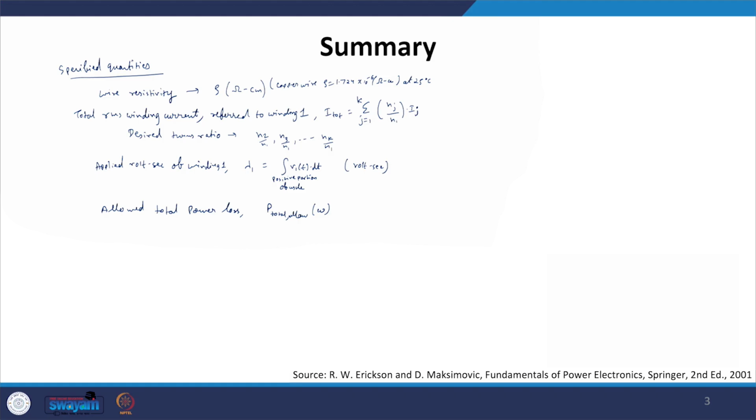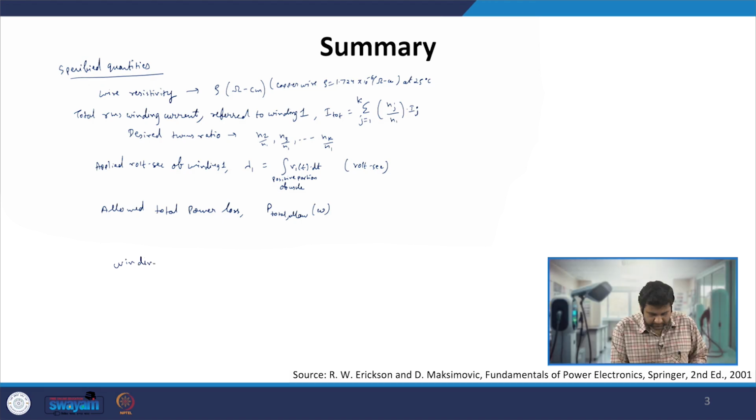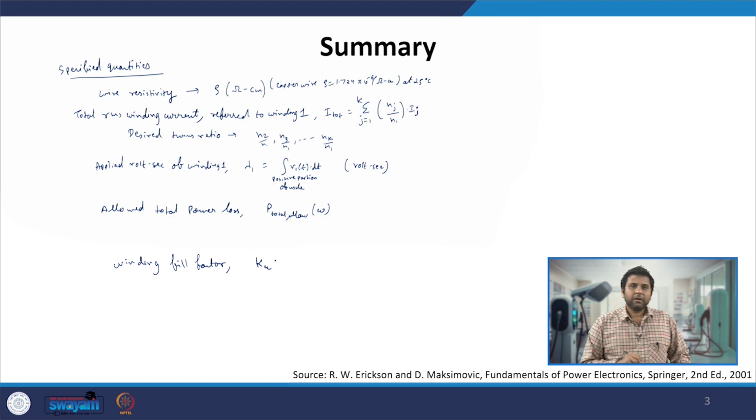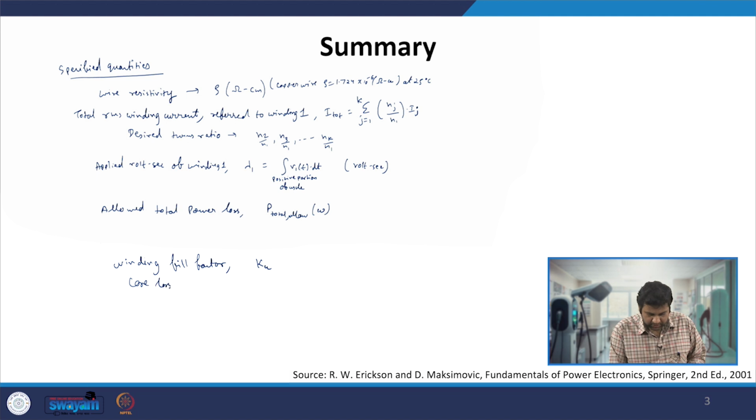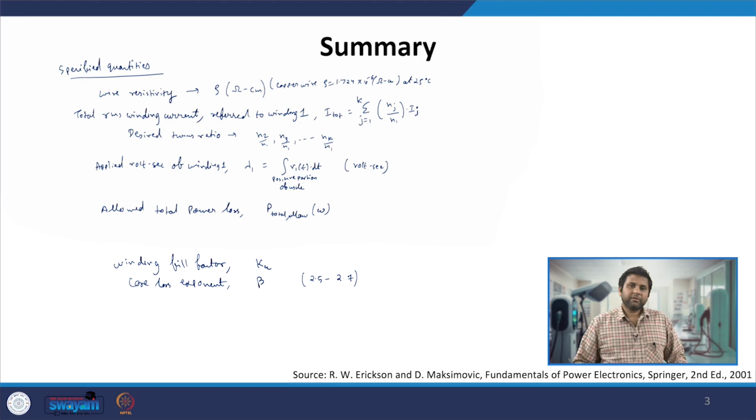Then there is another term, the specified value winding fill factor, which is the constant Ku, a small k, and this depends upon what kind of winding you are doing; depending upon the specification you can find it out. And then the core loss exponent, which is beta, around 2.5 to 2.7 for high frequency ferrite materials.